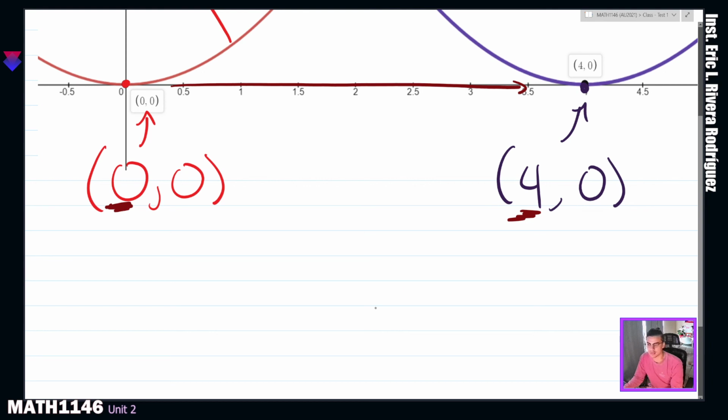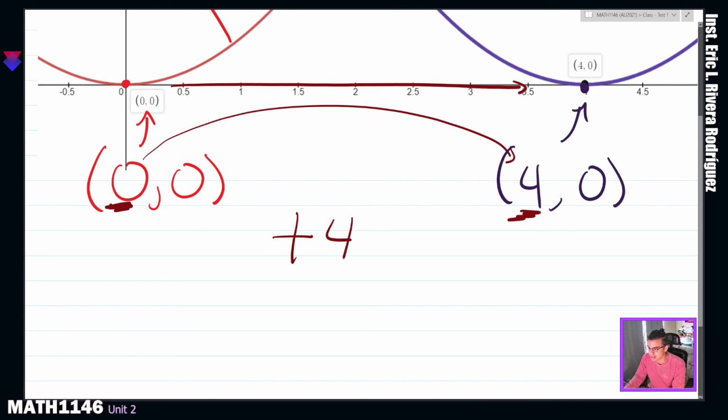Is it positive 4 or negative 4? It is positive. That means the x coordinate needs to move 4 units to the right. Hence, we need to add plus 4 to all the x coordinates. Does that make sense? Does that answer your question?